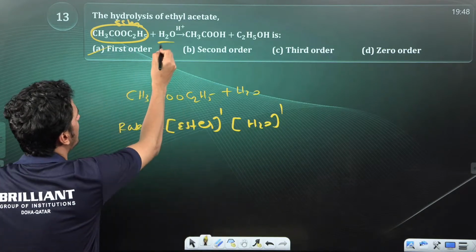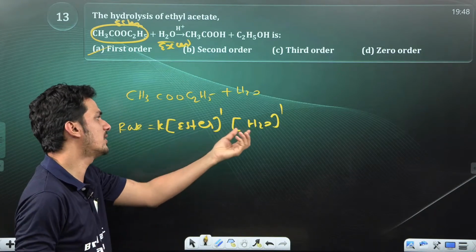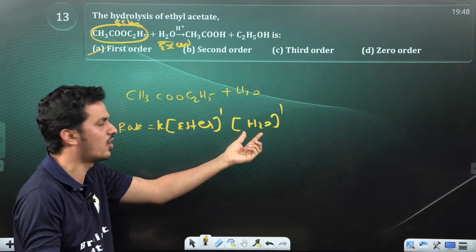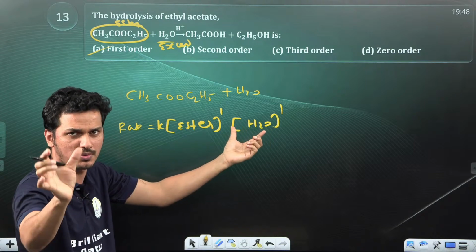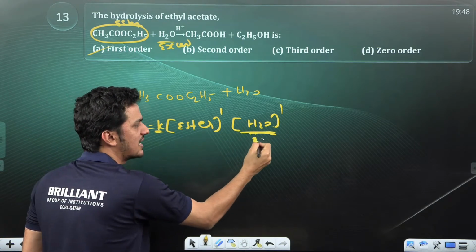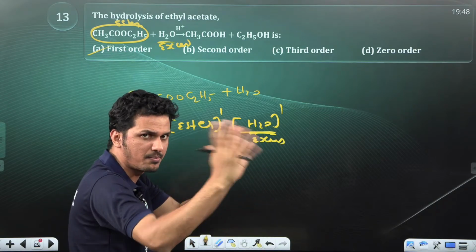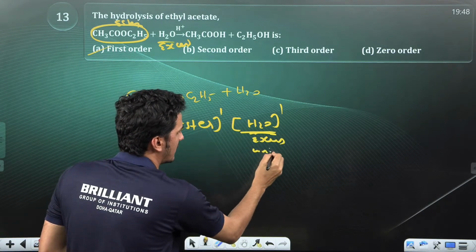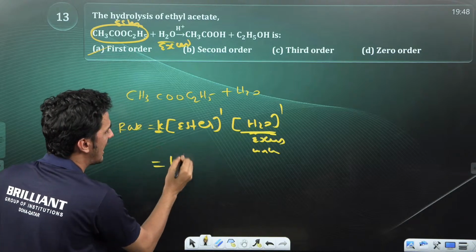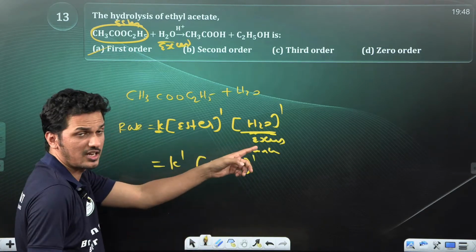But this H2O you will take as excess, a large amount. So if a little bit reacts, it won't affect. That means the concentration of H2O remains constant. So constant into K becomes K dash, and ester raised to 1.